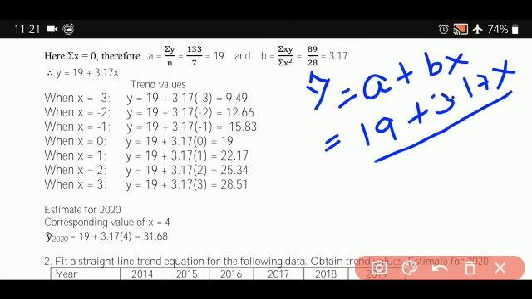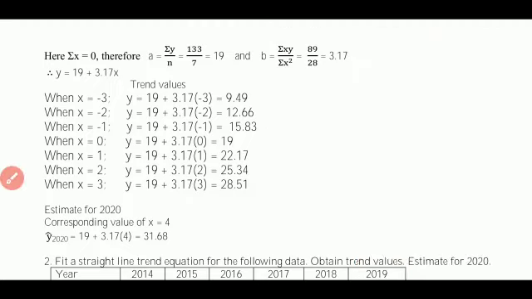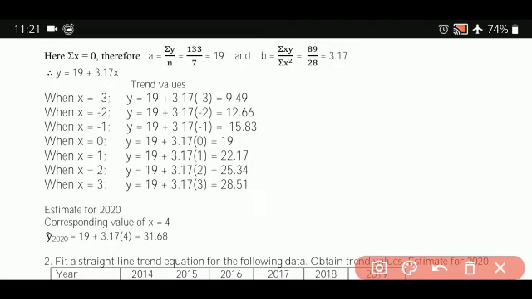Now they have asked us to find the trend values. Trend values means, for all the different x values. Now how many different x values have you got here? When x is equal to minus 3, x is equal to minus 2, x is equal to minus 1, 0, 1, 2 and 3. In this particular equation, you will substitute all the values of x one by one and calculate the trend values.